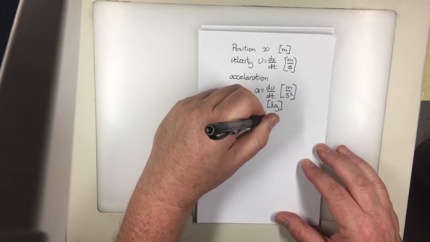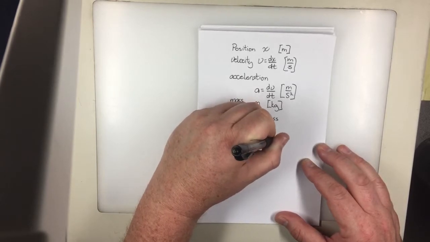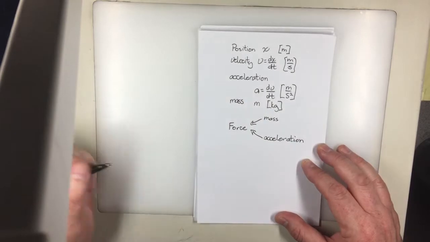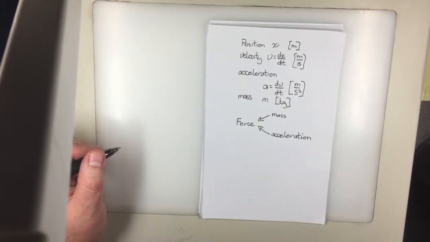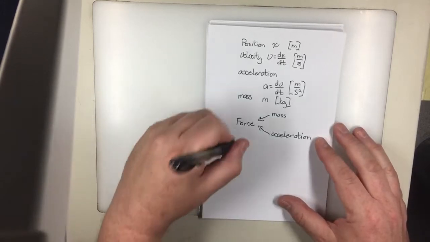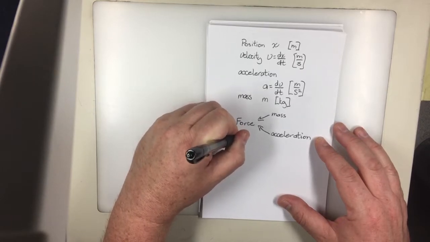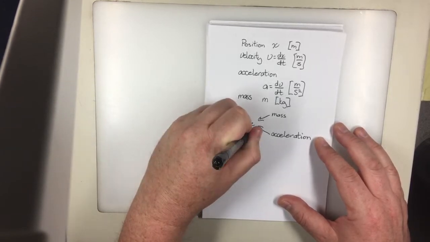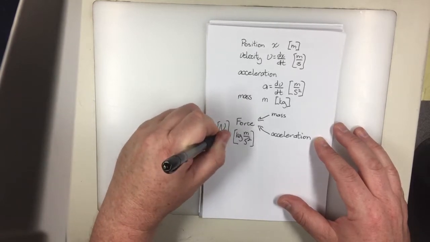If you take mass and put it together with acceleration, you get a force. Object in motion stays in motion unless you F with it, and the F is the force. The force is measured in kilograms meters per second squared, or it could be even a Newton.